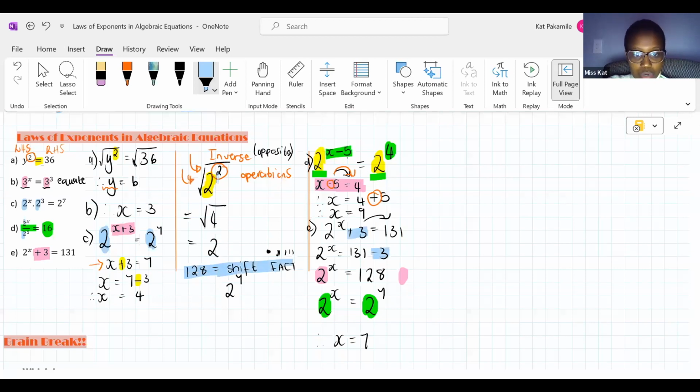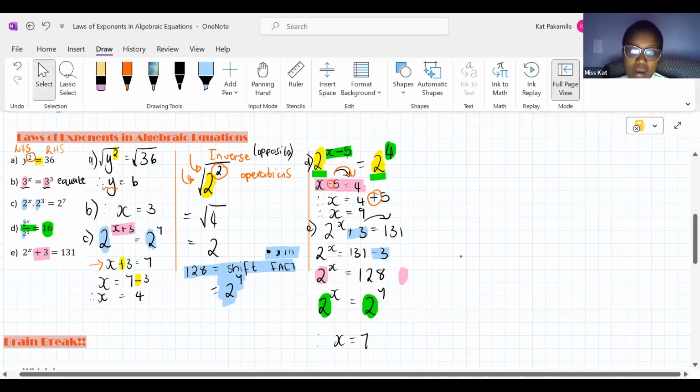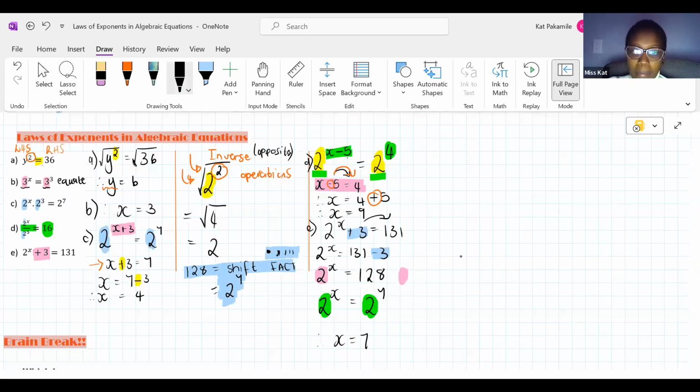Press 128, press equals. It's going to pop up 128 again. Press shift at the top of your calculator and then press fact. That's the one with the commas and the full stops and the circles. And that's going to tell you that 128 is the same as 2 to the power of 7. So now we have bases of 2 on both sides. If the bases are equal, the exponents have to be equal.